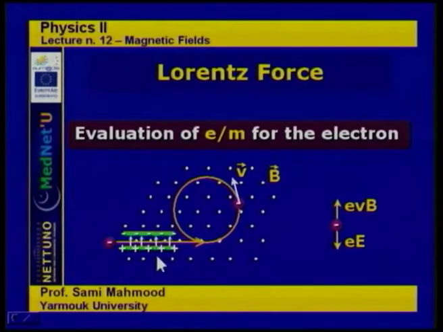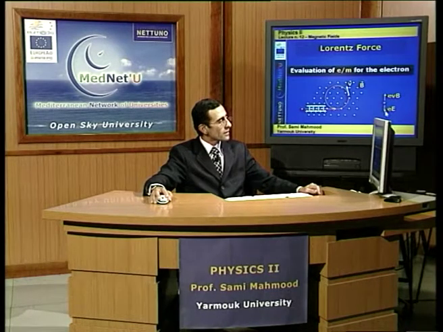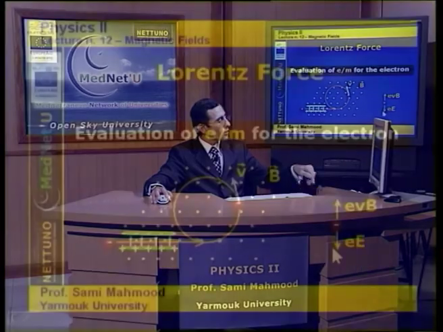We have an electric field applied between the two plates, since the two plates are charged positive in the lower part and negative in the upper part. So this electric field influences the electrons with an electrostatic force that is directed below.